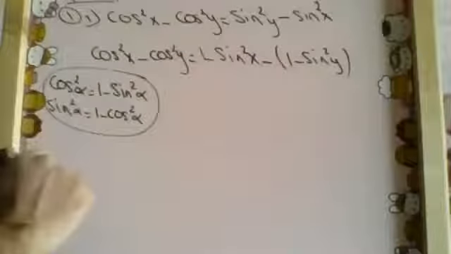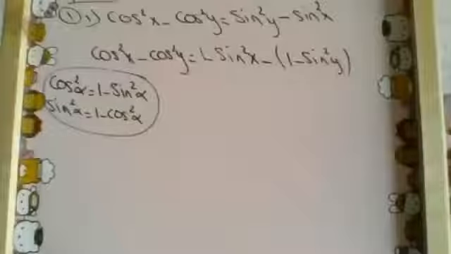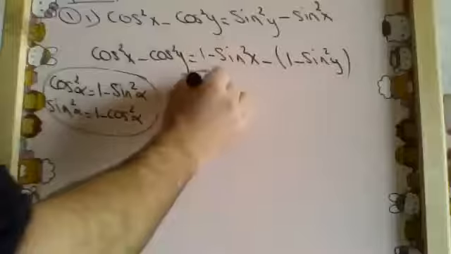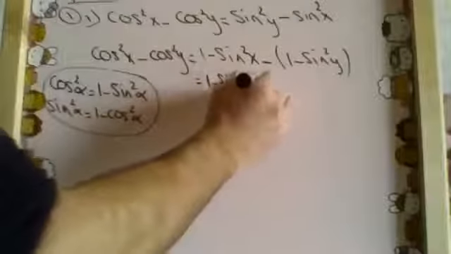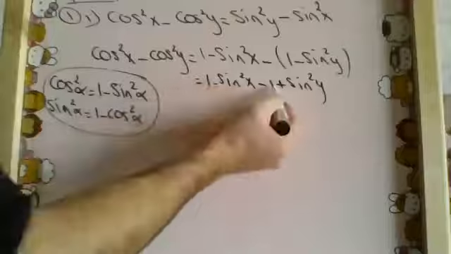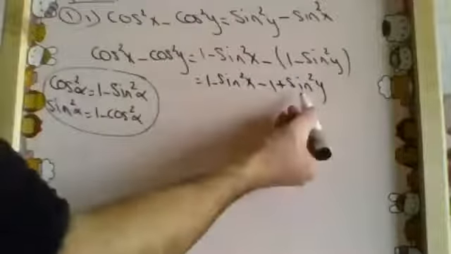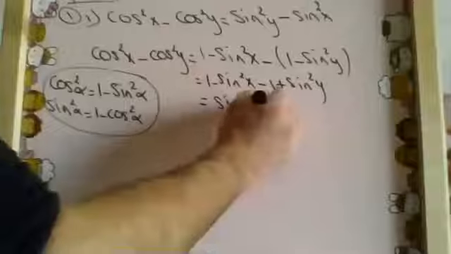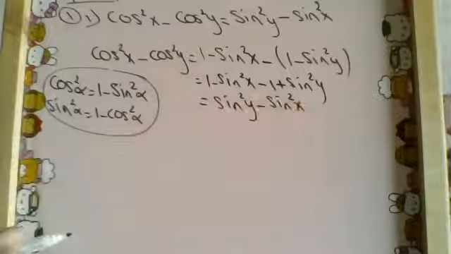The same angle, write it. So simplify: it is 1 minus sine squared x minus 1 plus sine squared y. 1 minus 1, 0. You get sine squared y minus sine squared x.